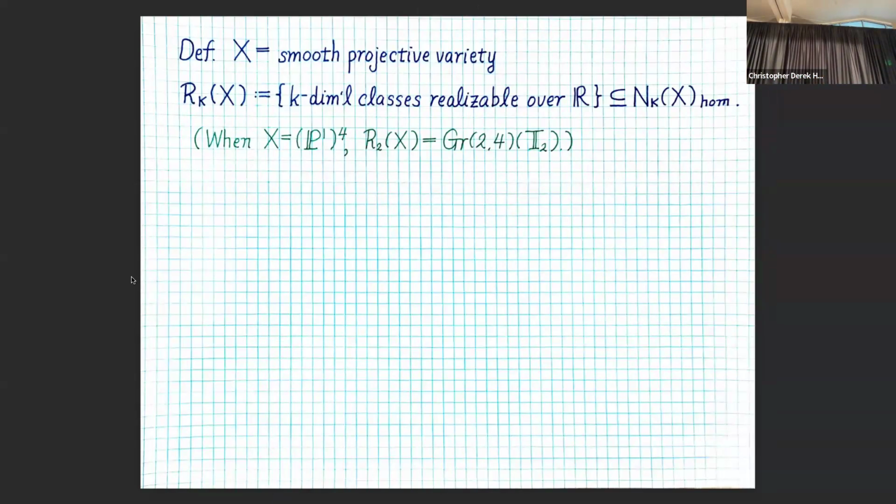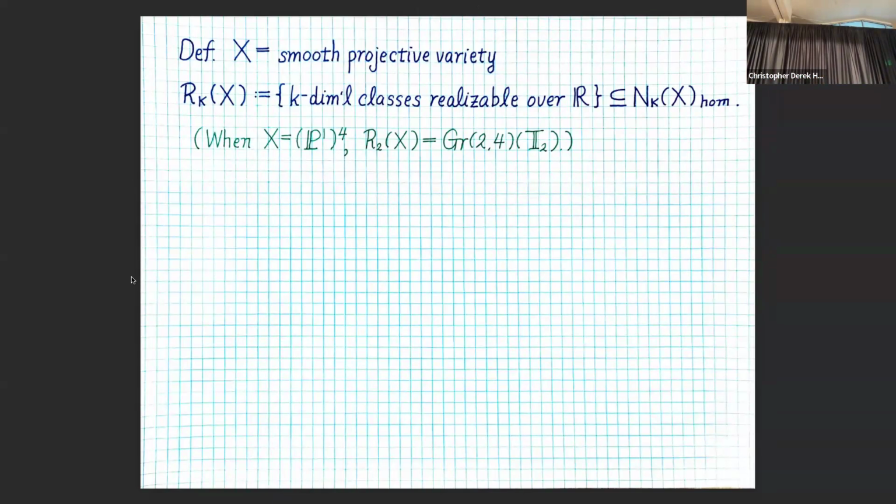So let me tell you very briefly about the possible shape of this kind of question when you ask it not for simple things like (P^1)^4, but for any smooth projective variety.